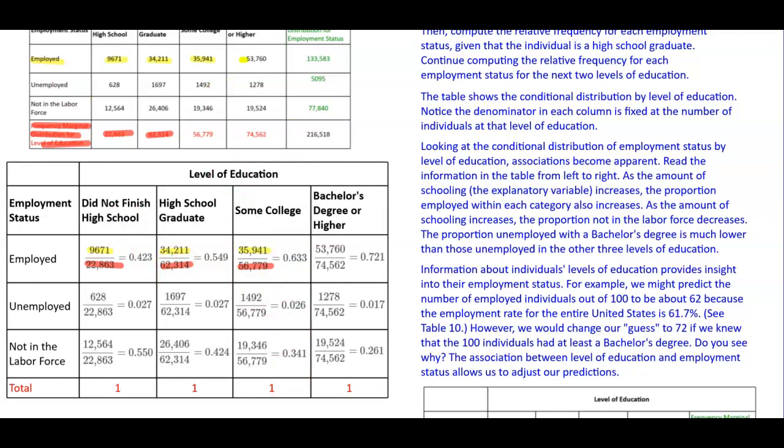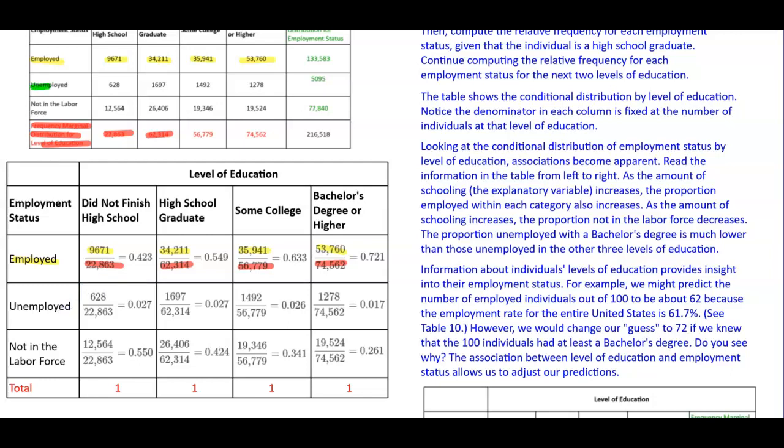Then we take the last, bachelor's degree or higher, which is 53,760, and divide by the total of 74,562 to get 0.721.